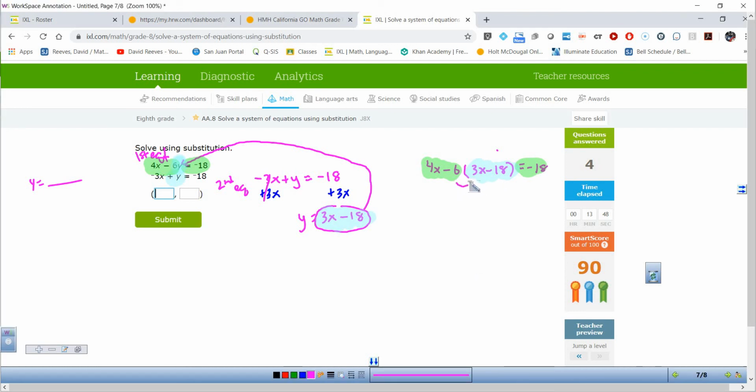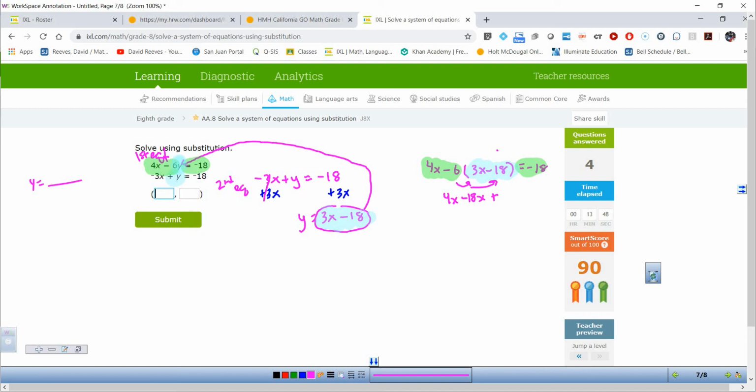All right, now, again, this is a little more complicated. I'm going to have to apply the distributive property. And when I do so, let's see what I get. I get 4x minus 18x plus 6 times 18.